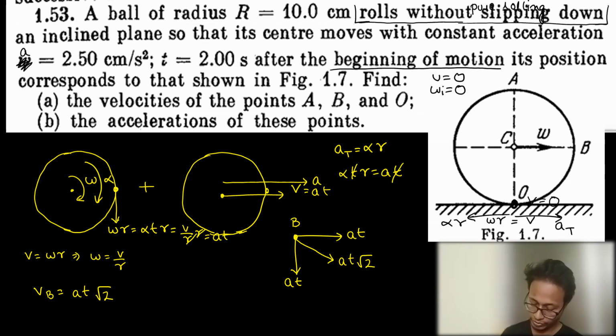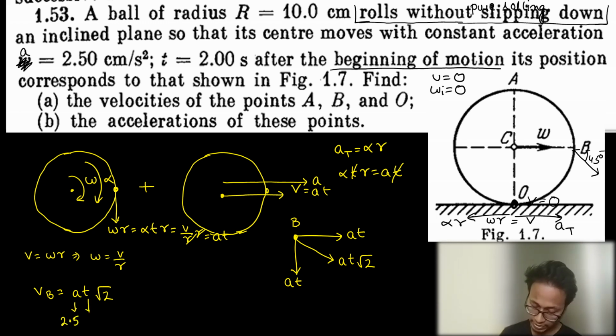Velocity at point O is equal to 0, velocity at point B is equal to this, and the effective direction of the velocity would be in this direction, or at a 45-degree angle with the horizontal. Why? Because both the vertical and the horizontal components have the same magnitude. What is the value of A? The value of A is 2.5.